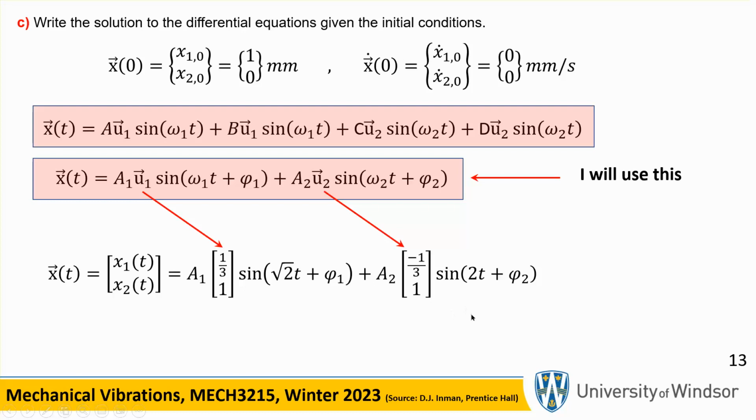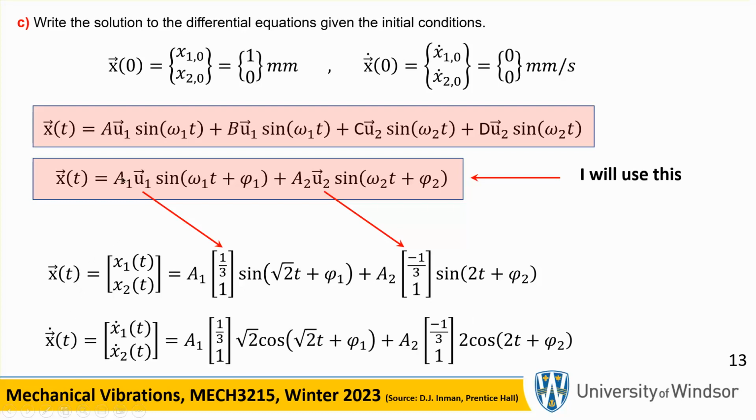Okay, so now we set t equal to 0. Well, we need to take the derivative of this also, because there is a condition that we need on the initial condition on the derivative. So I take this after I plug in your values u1 and u2 as vectors and differentiate it, and I get this. Now I'm going to set t equal to 0 and set this equal to 1 and 0, and t equal to 0 in here, set it equal to 0 and 0.